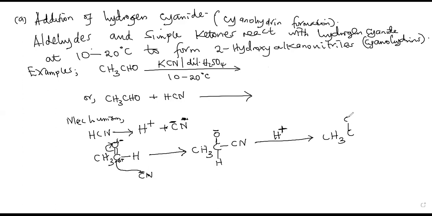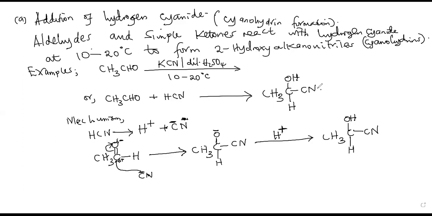Now here we shall form a hydroxy, then we shall have H here and CN here, implying that your product would be CH3COH, H, then CN. That is what we would form.